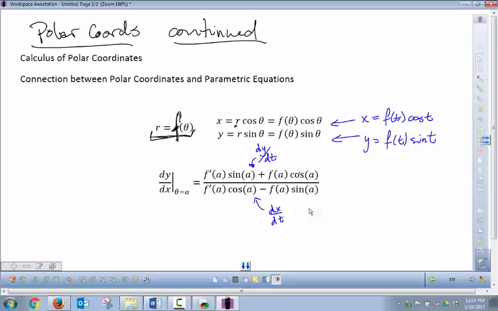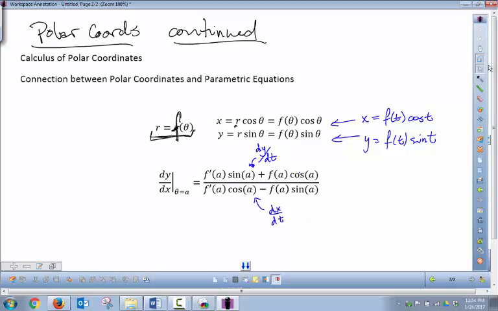So we can take one of the examples that we had, maybe the cardioid. Do you remember what the cardioid is with the loop? What's that called? Limaçon.